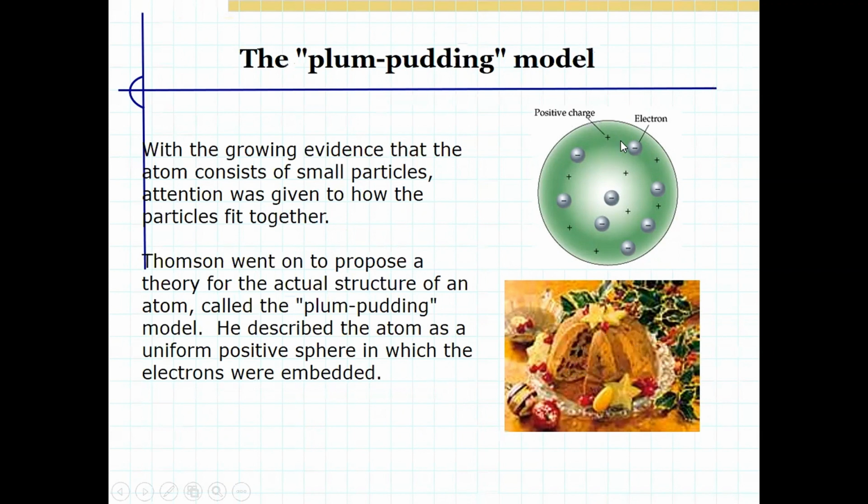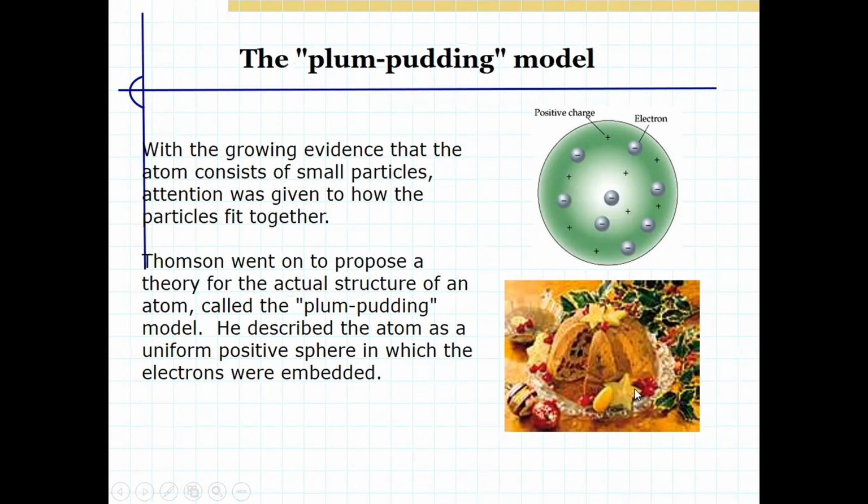So the atom is something like this, a uniformly distributed thing, in which these electrons were like raisins, and we see that these small particles were distributed.